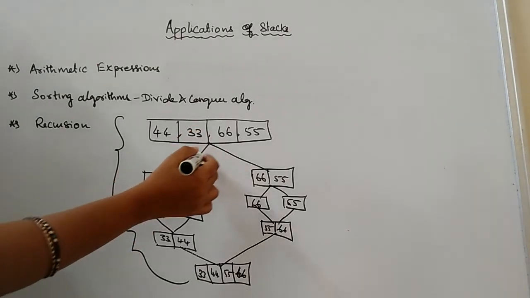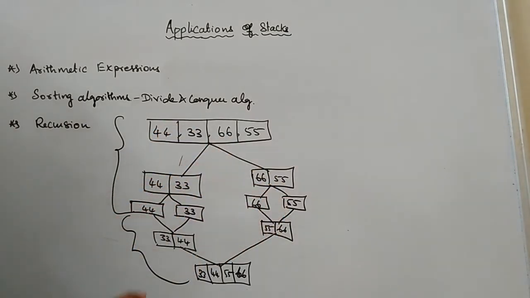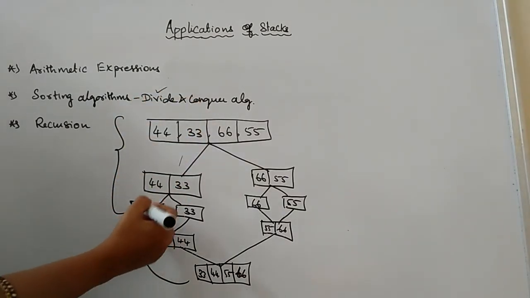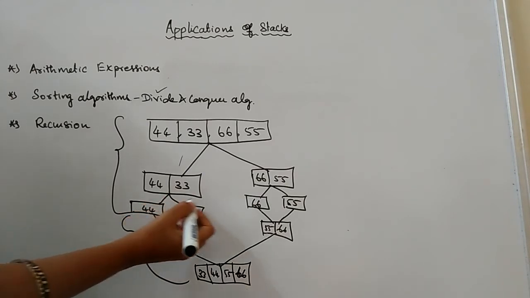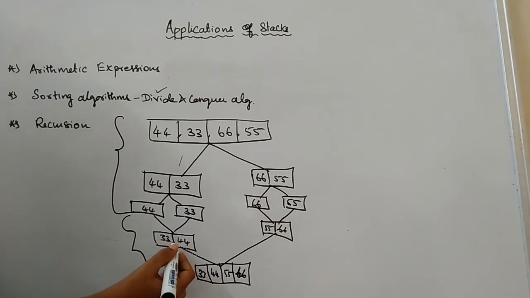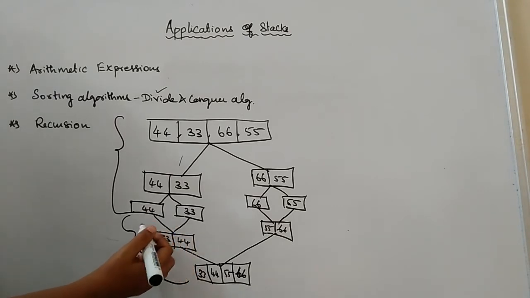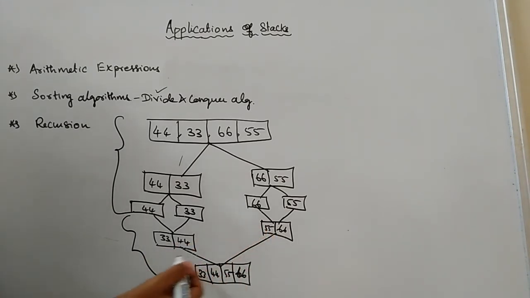Since we are fragmenting all these elements into several subsets, we call it divide. And after dividing all these elements into individual elements, we do the sorting operations by combining two subsets, and then again we do the combining process.